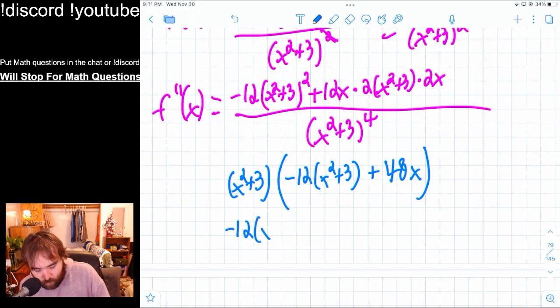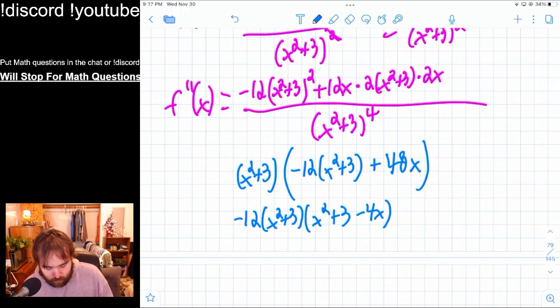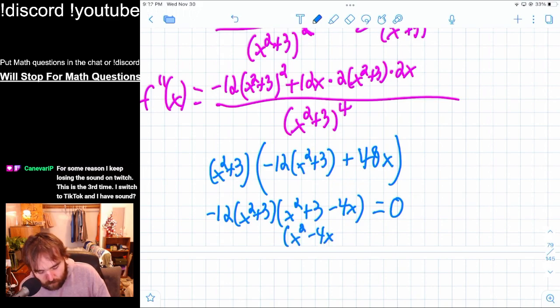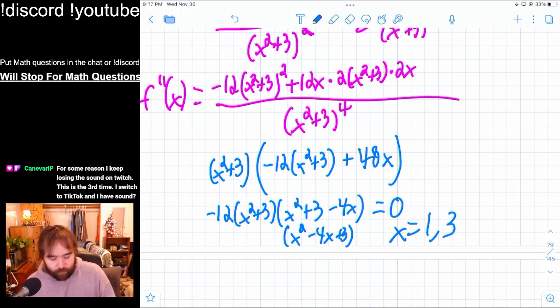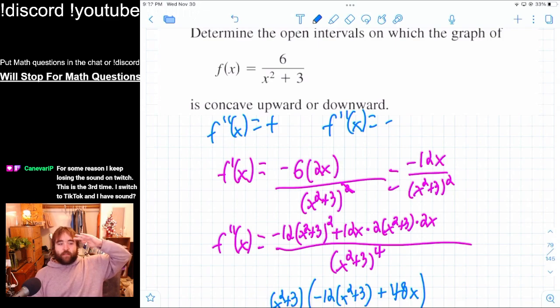So I have negative 12 times x squared plus 3 times x squared plus 3 minus 4x. I'm not even trying to do it, I'm trying to set this equal to 0. So now I see that it's going to come from this. And so what I'm going to get is x equals 1 and 3. So that's where the concavity is 0.